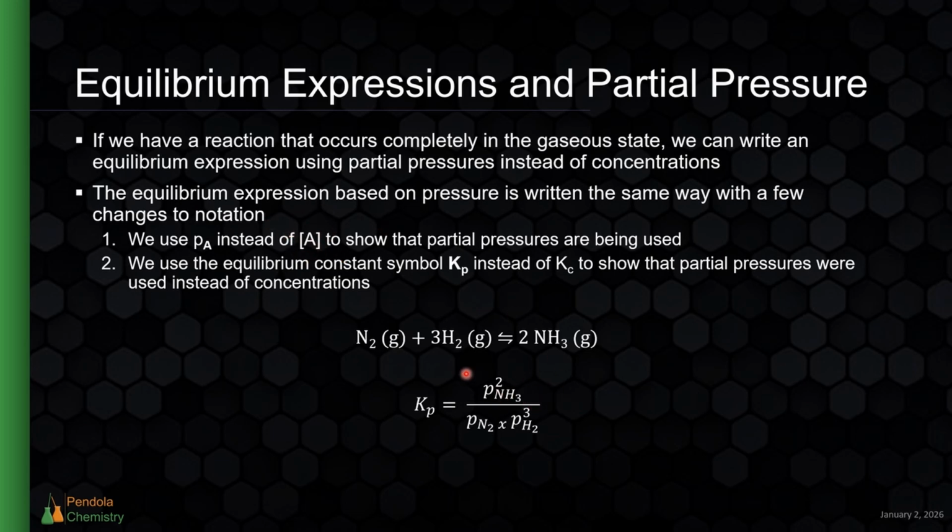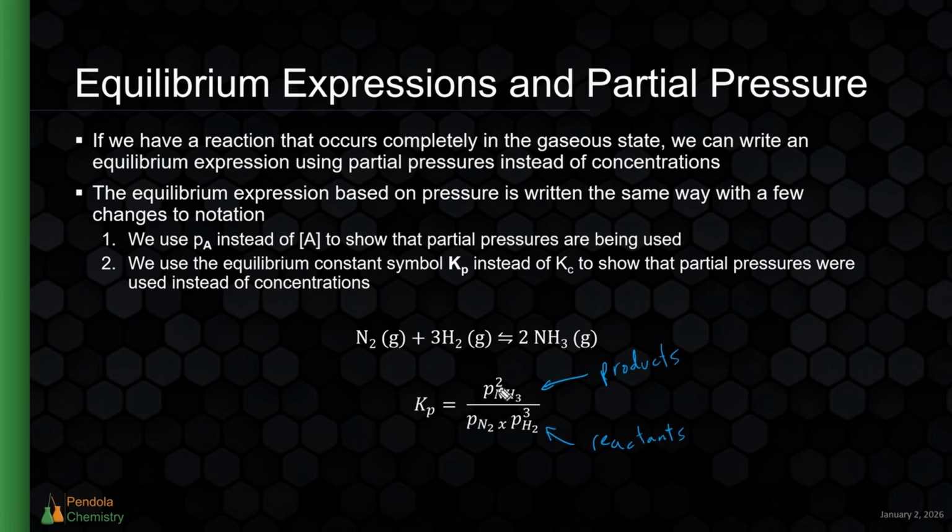Apart from that, though, it's still the products over the reactants, just like we had before, with their coefficients as an exponent. So here we're still going to have the products, or in this case, ammonia. And in the bottom, we're still going to have the reactants, in this case, nitrogen and hydrogen.